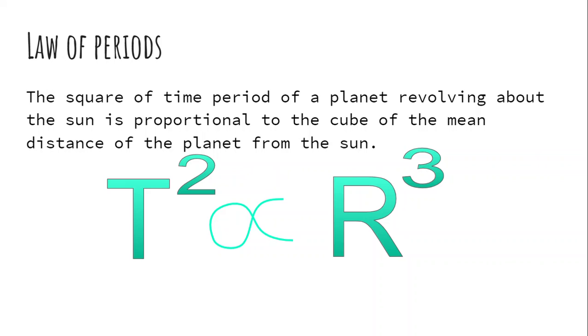The square of the time period of a planet revolving around the sun is proportional to the cube of the mean distance of the planet from the sun, which basically means T squared is directly proportional to r cubed, where T is the time period and r is the distance between the planet and the sun.